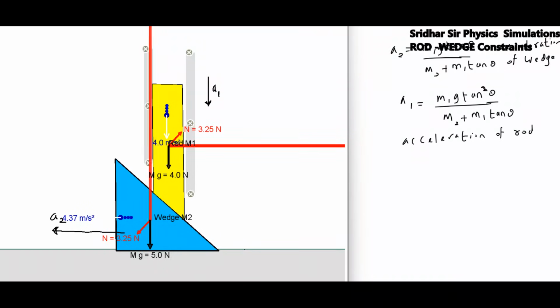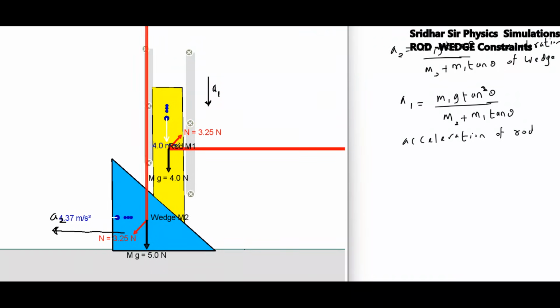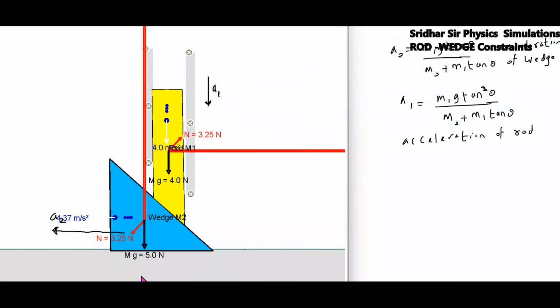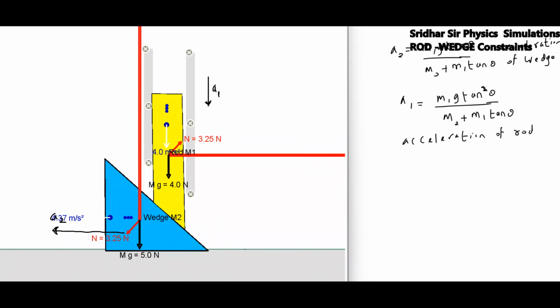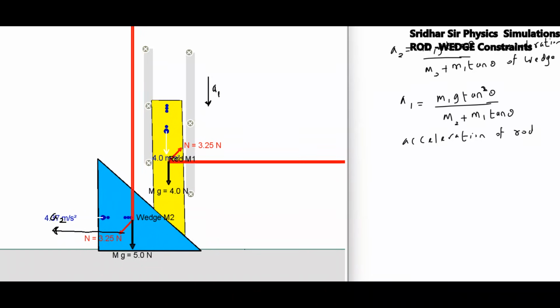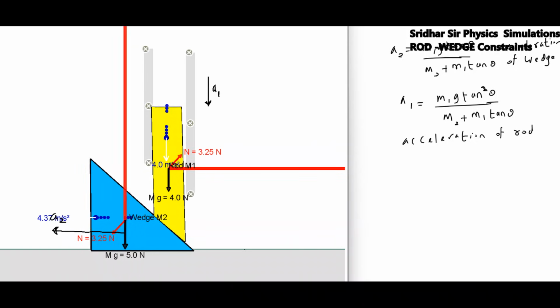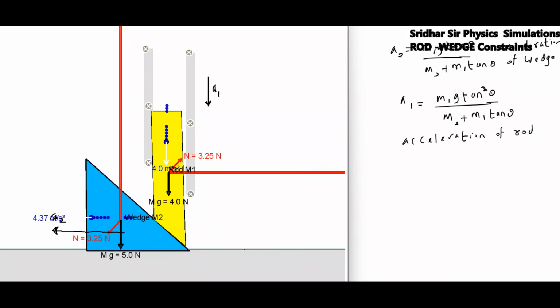So here the acceleration of the wedge will be 4.37, and that of the rod will be 4 meters per second squared. When you substitute all the values, normal contact, everything, and solve, we'll get these accelerations. Along with the accelerations, the normal contact and weight, everything is in the animation I'm showing.